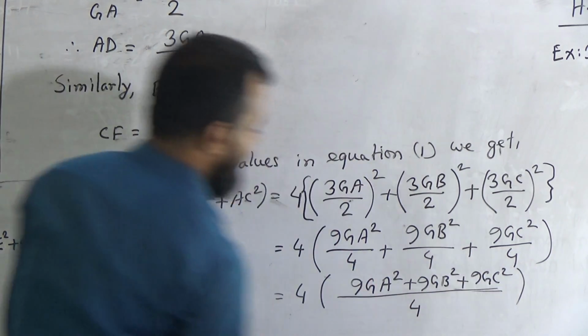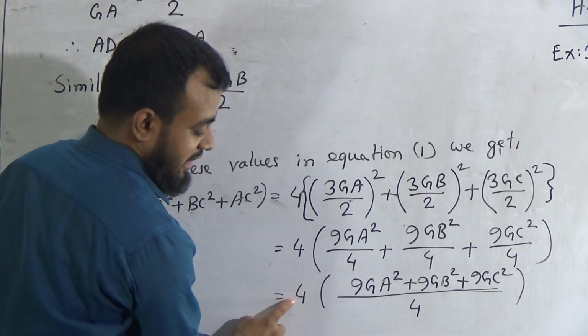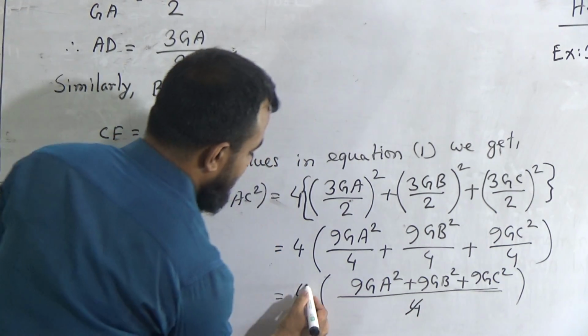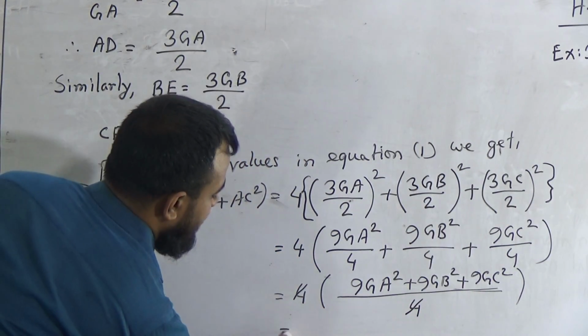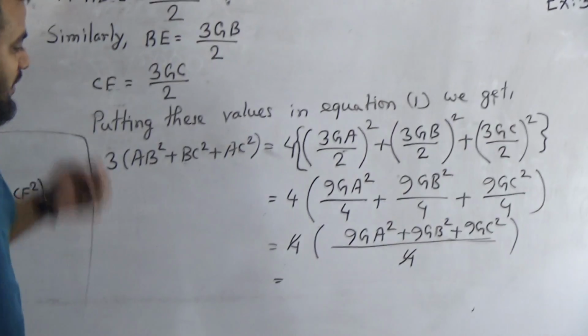Okay, it's our addition. Now we can omit this denominator 4 and this numerator 4, because this 4 is our numerator here and this 4 is our denominator. So we can omit these two 4s and we can take 9 as common from these 3 terms.